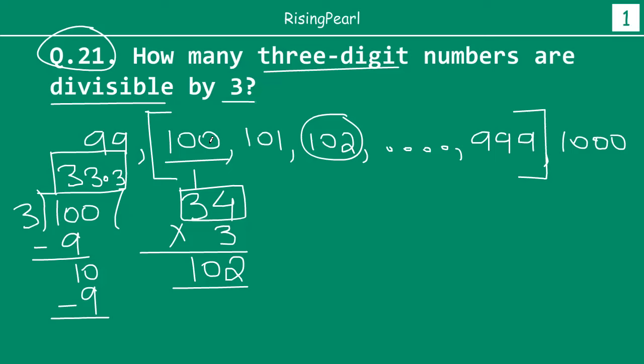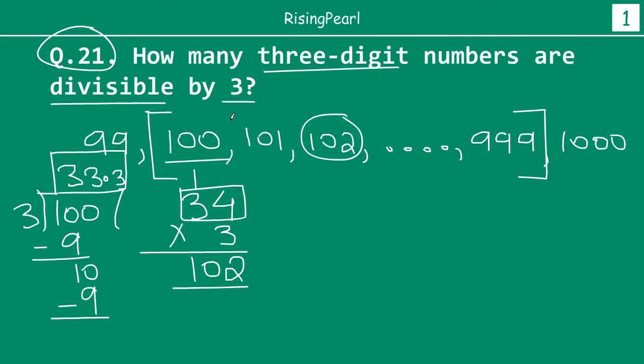Because we are trying to find the immediate next number which is divisible by 3, we find the immediate whole number greater than 33.3. Obviously that is 34. So we multiply 34 times 3 and get 102. That means 102 is the smallest three-digit number which is divisible by 3.